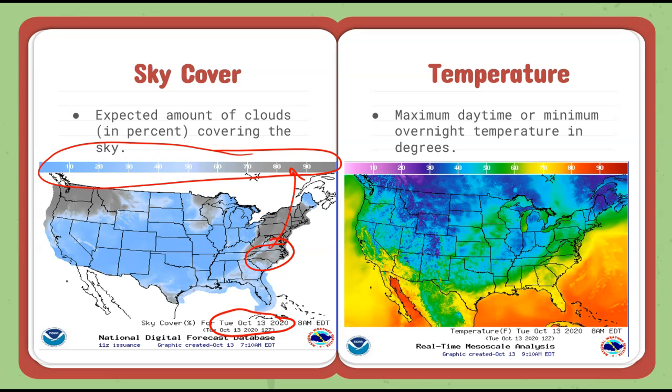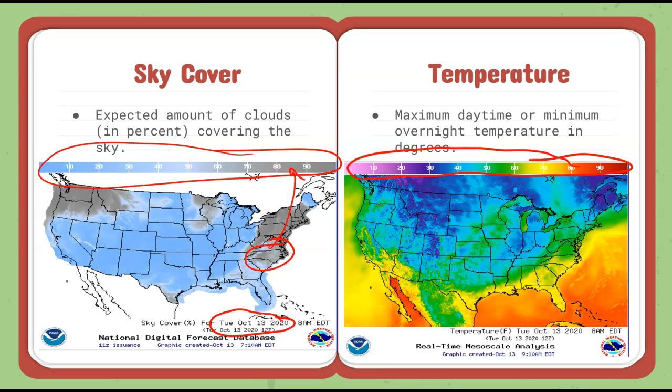The other type of map on this page is the temperature map. These maps can show the maximum daytime or the minimum nighttime temperature in degrees Fahrenheit. And they too are associated with a scale of colors. You can see across the top the scale, pink being cold, red being very warm.